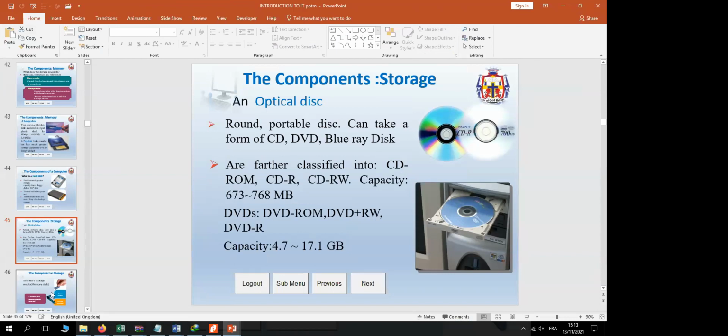Now, let me ask the class again. What is the difference between a CD and a DVD? Can the members tell me, either through the chat, I can read the message, or you can raise your hand and speak through the microphone.